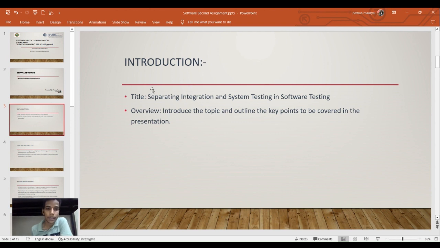Introduction of integration and testing. Title: Separating integration and system testing in software testing. Overview: Introduce the topic and outline the points to be covered in the presentation.